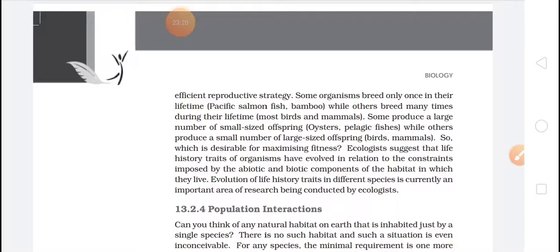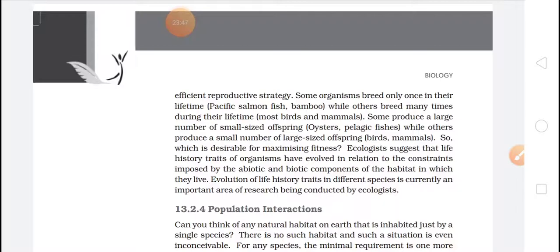Because they have different abiotic and biotic factors. Their habitats are different. All these organisms are not living in a single habitat, they are found in different habitats. So as they are exposed to different abiotic and biotic components, variations are seen.